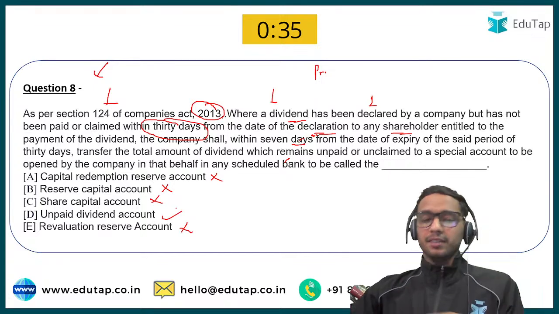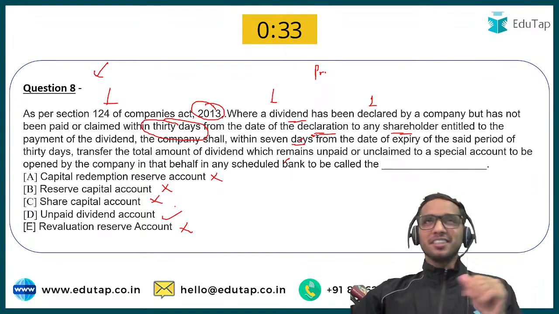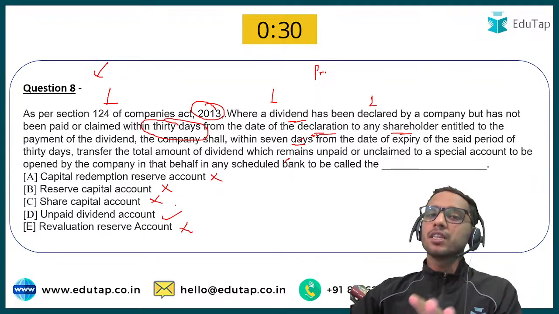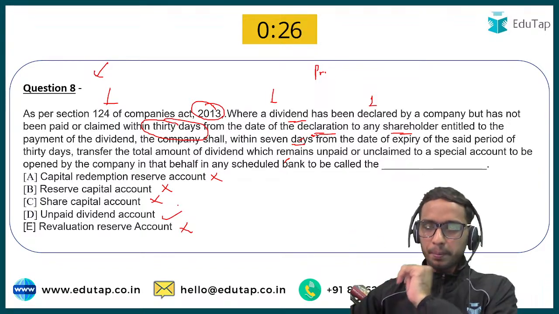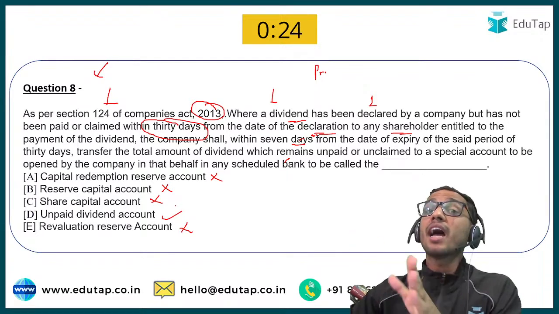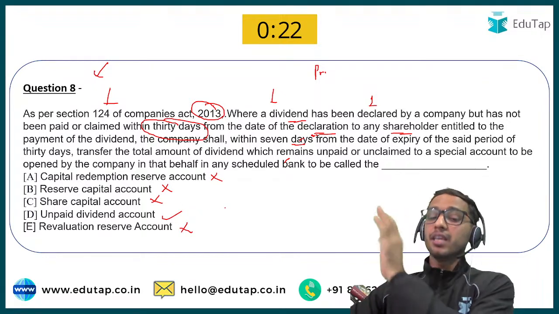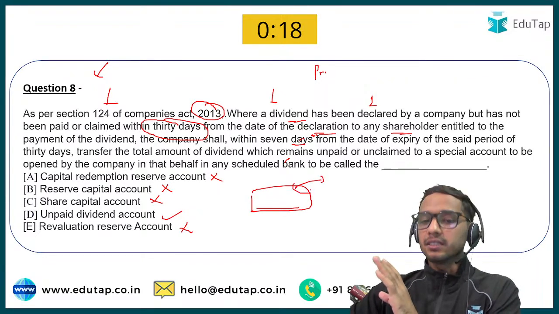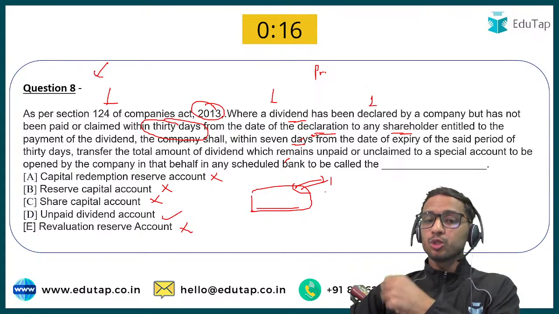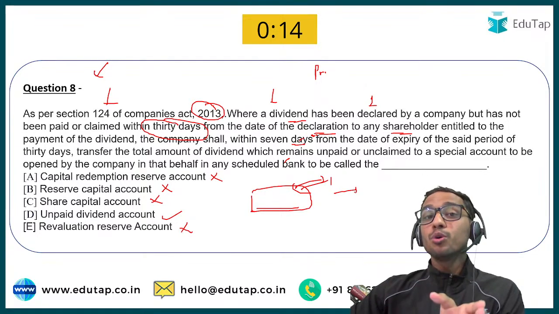Very good. But again, I'm going to ask you one more question. Tell me, after transferring this amount to this unpaid dividend account, if the amount has not been claimed by the investor, within how many years do you have to transfer it, and to which fund?